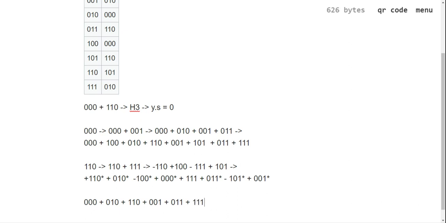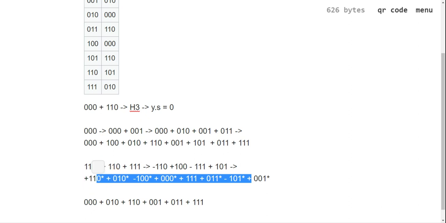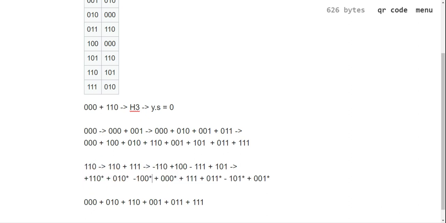Basically, when I play the Hadamards, I'm getting a combination of all possible values. But I'm just getting different patterns of those phases, right? So in this case, I get a negative phase for 1, 0, 0 and for 1, 0, 1, when your starting point is 1, 1, 0.